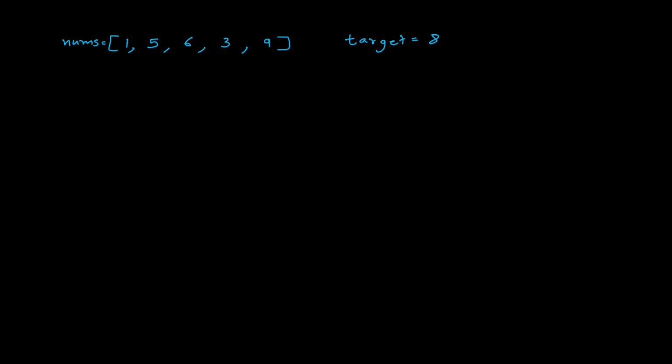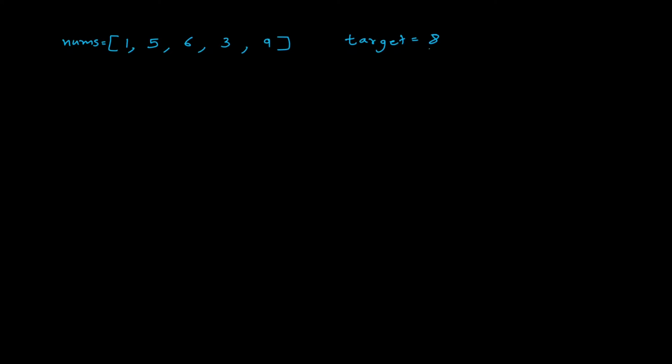Okay, so let's begin with our first approach. What we can do is, for every number inside this array, make a loop that checks the rest of the array. I mean that we're going to need two loops. So for one, we will check 5, 6, 3, and 9 and add them together.